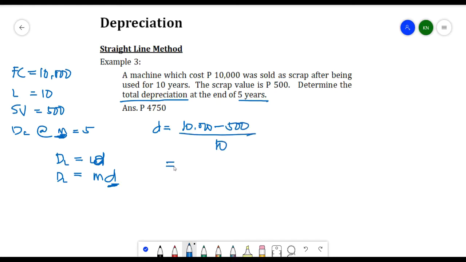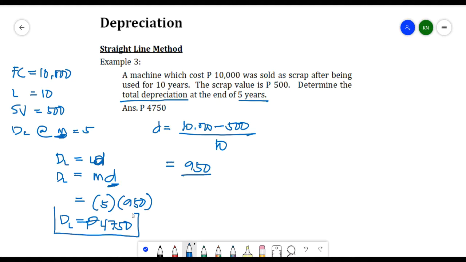So our D is equivalent to 950 pesos. Then we can substitute that here. So our DL now is 5 times 950, which is equivalent to 4,750. Meaning to say the 10,000 has already depreciated by 4,750 after 5 years.